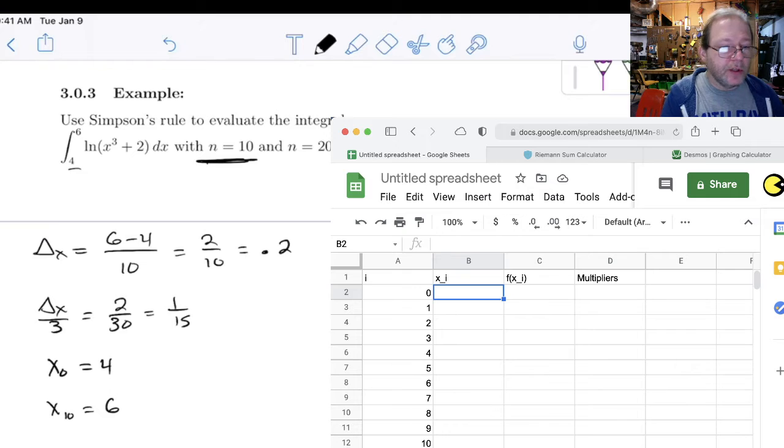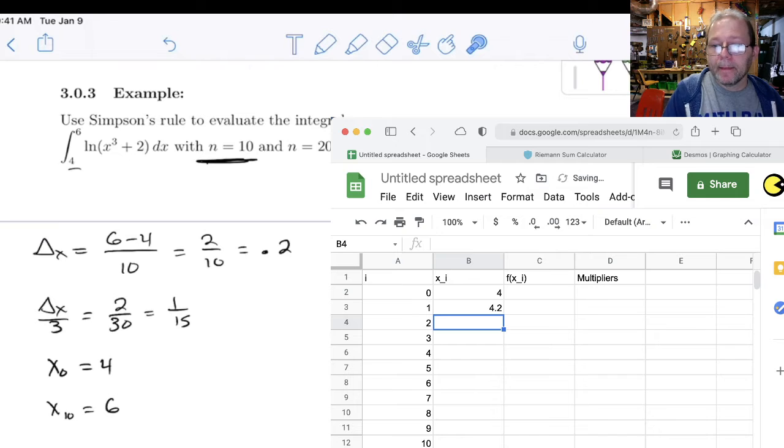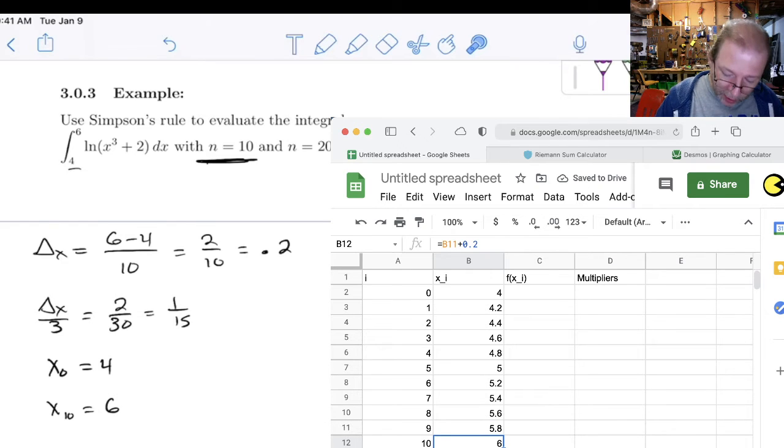The first one we saw over here is 4, so I'm going to put that one in manually. And then the rest of these, we'll get by taking the previous one and adding the width, which is 0.2. So if I copy this and paste it down, this last number should be 6, because that's where we're going up to.